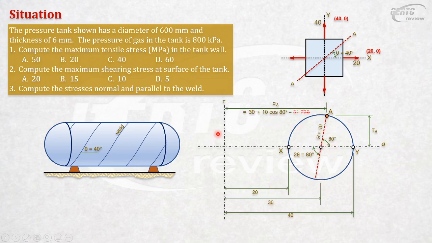So that will give you 31.736 MPa. And the shearing stress is 10 r sine 80 degrees or 9.85 MPa. Naintindihan nyo? Okay, so ito yung stress normal to the weld. Ito naman yung stress parallel to the weld. Wala lang choices. Okay, I hope you got it.